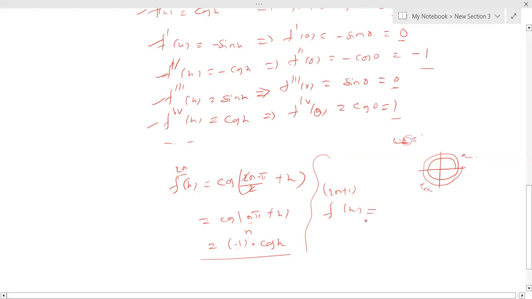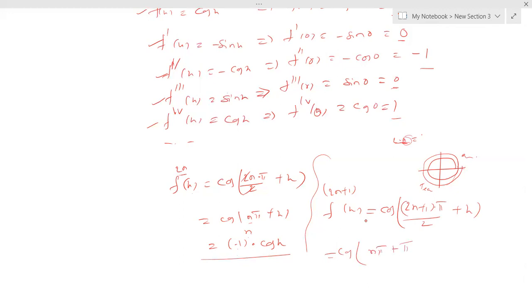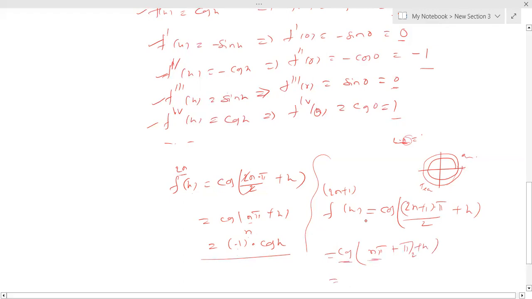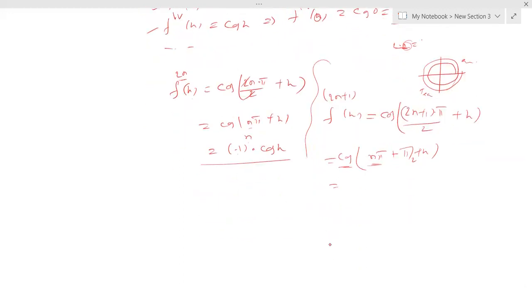Now this derivative value equals cos of ((2n plus 1) into pi by 2 plus x), which equals cos of (n pi plus pi by 2 plus x). For n pi, cos stays cos, either plus or minus sign, don't bother.